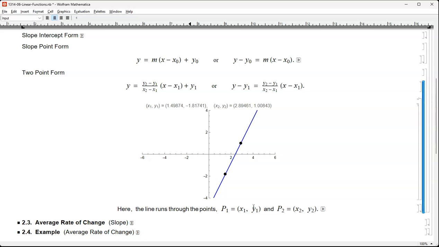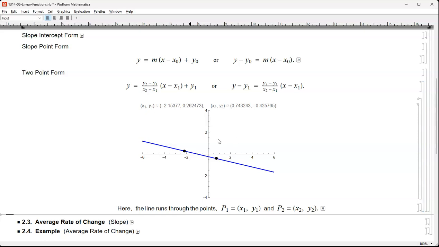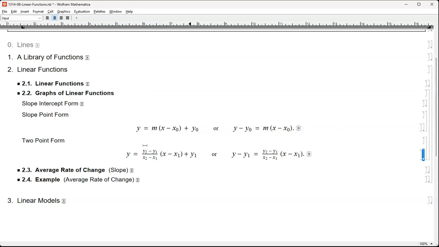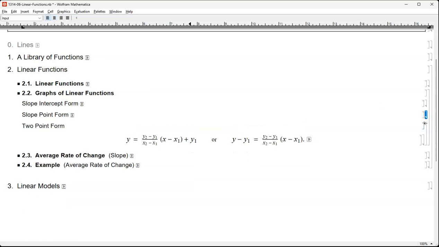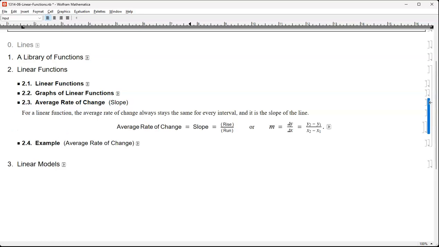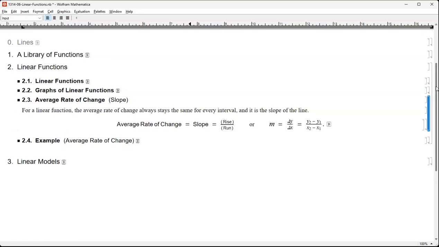Here are some examples. Running through these 2 points. Let's run it again. This time running through these 2 points like that. Now let's look at this slope-point equation a little bit more closely. The slope is rise over run, the difference of y coordinate over the difference of x coordinate, and that's often called the average rate of change.